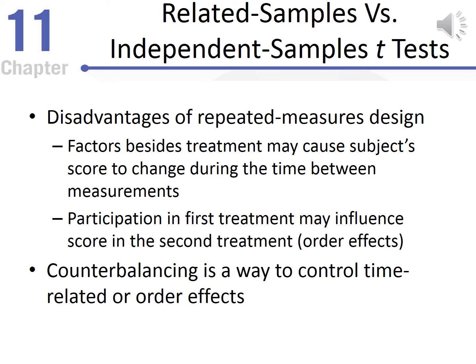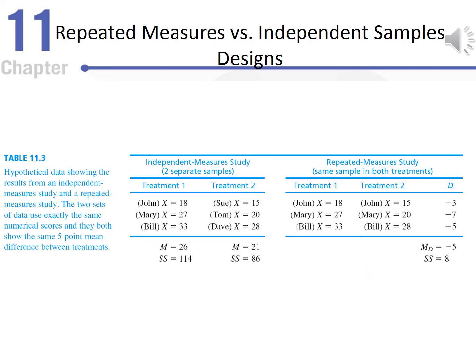The way it's accomplished is by taking your group of participants and dividing them in half. The first half would receive condition A and then condition B, whereas the second half would receive condition B first and then condition A. So whatever the order effect or the passage of time effect is, it would not affect only condition B, but it would affect both conditions equally.